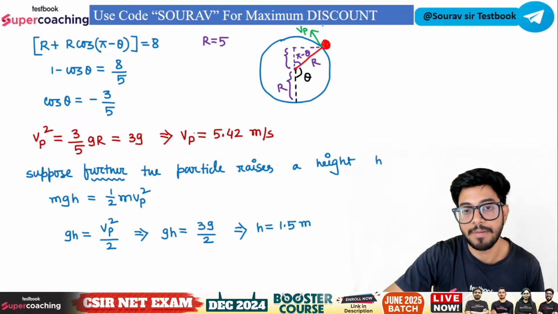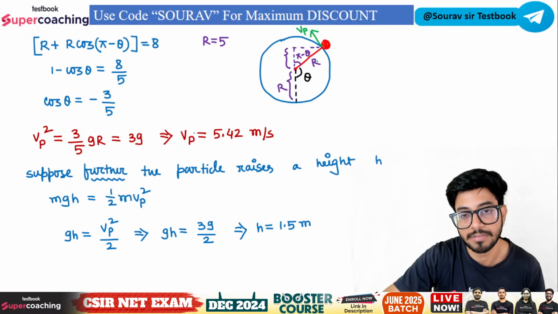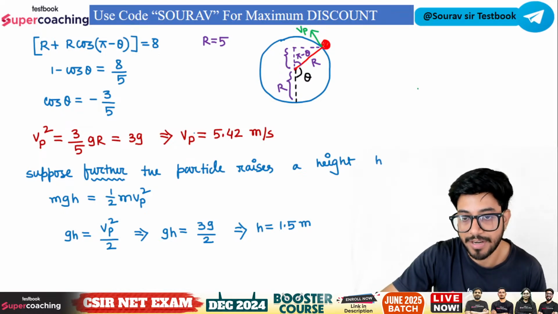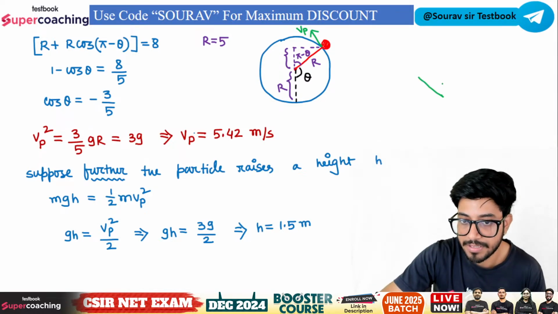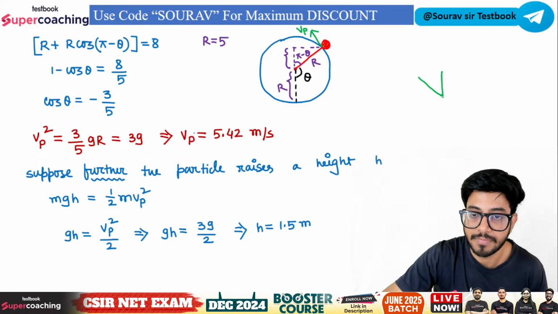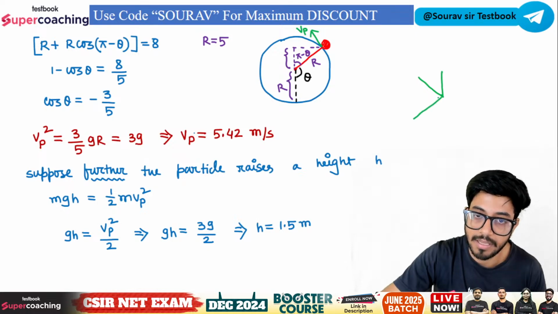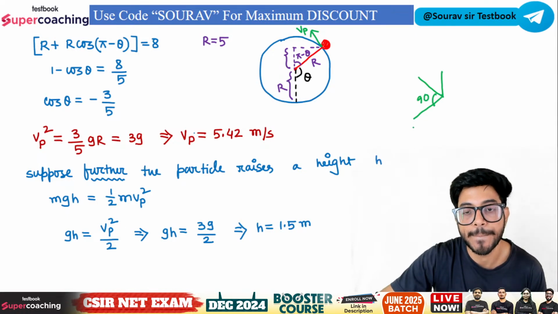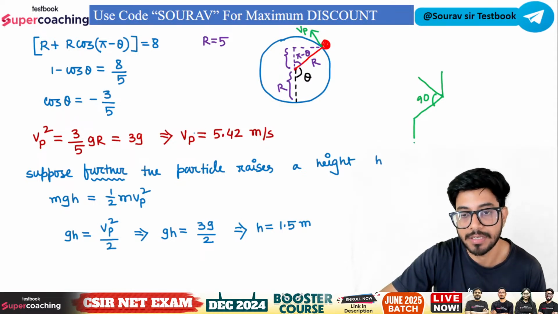Can you tell what is the vertical component of Vp? I want to find out this vertical component. I know that this is making an angle 90 degree with the radius. This angle I know, theta.